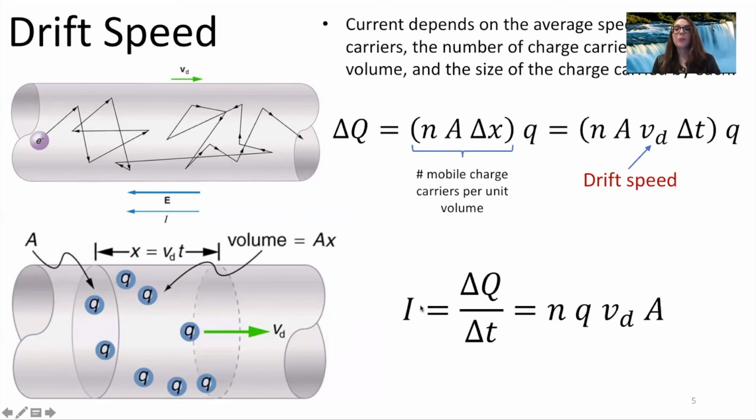Now, we can rearrange this, and we remember that current is equal to the change in the amount of charge over time. And so we can solve this equation here. If we say that I is equal to delta Q over delta t, then I has to equal our number of carriers times charge times the drift speed times our cross-sectional area A. Okay, and we're going to use this equation in order to solve a problem that I will work through next.